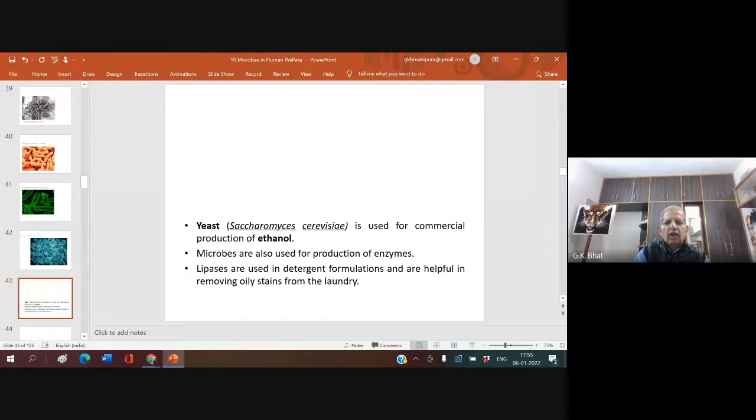For example, lipases are used in detergent formulations. Whatever detergent or soap you use, they have lipases, which are helpful in removing oily stains from clothing.